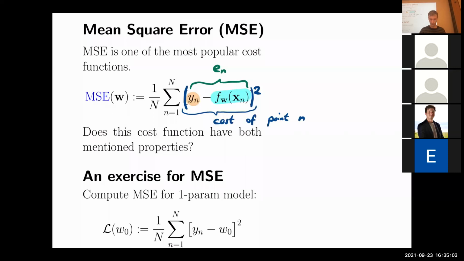Does this make sense? So the cost of data point n is this error squared. It doesn't matter what the model is, right? The model is just something, whatever it predicts. So the f is kind of a black box. Whatever it predicts, you measure the squared error. And I think all of you have heard of this.